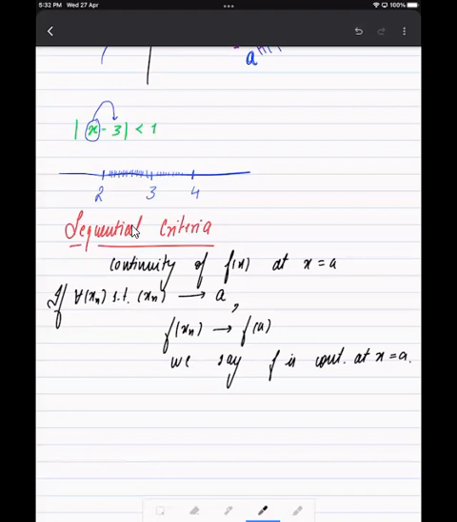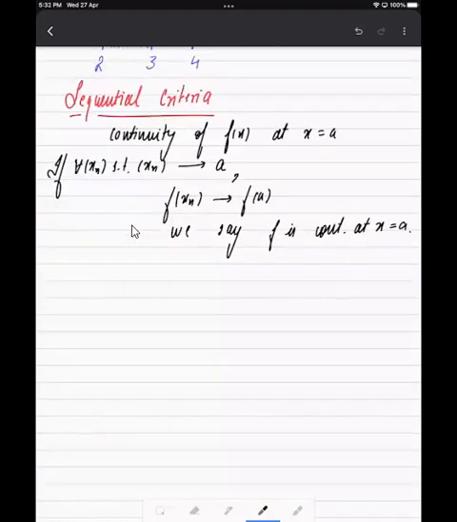There is a definite problem here. What is the problem? The problem is this symbol, for all. If I want to show my function is continuous at some point, I cannot consider every sequence in the world which converges to A. Of course, there will be an uncountable number of sequences, and I cannot go one by one.